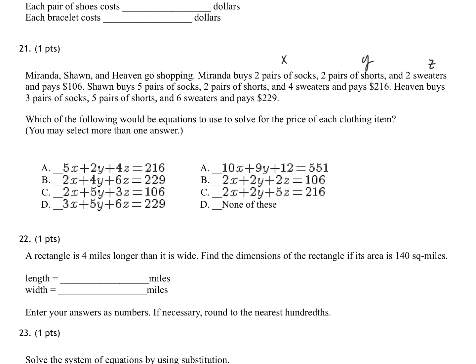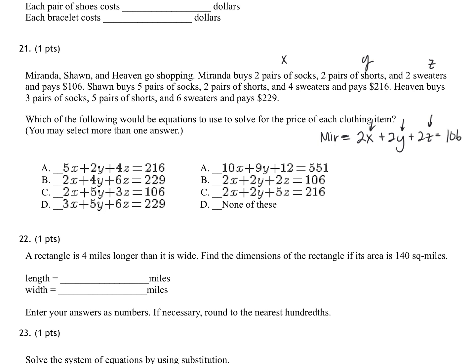So Miranda, how much is she spending? 106. So 2 times X plus 2 times Y plus 2 times Z, because this is the cost of the socks, the cost of the shorts, and the cost of the sweaters. So her total cost would be 106.